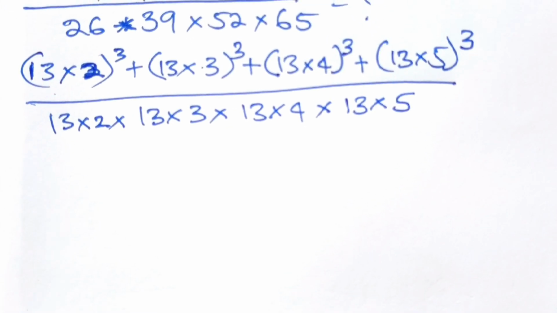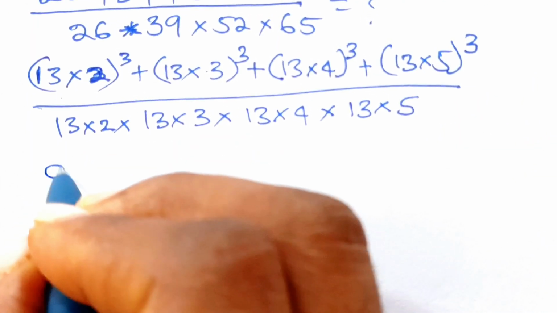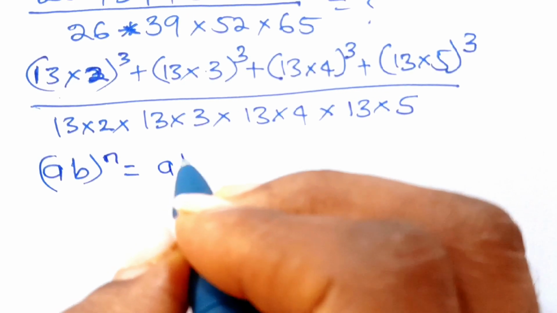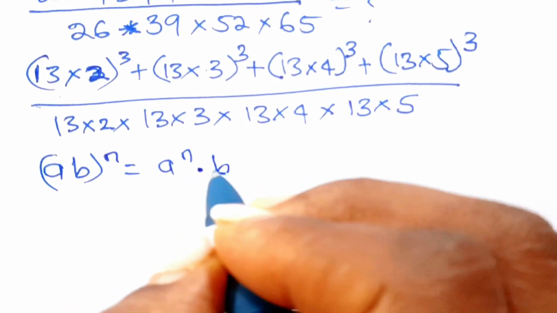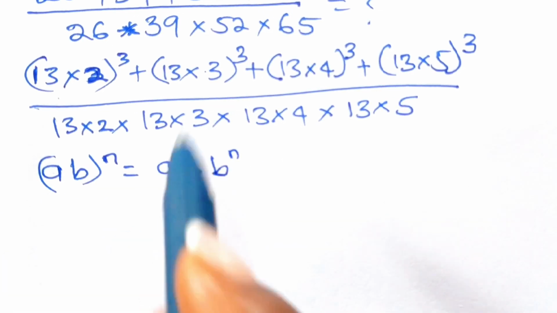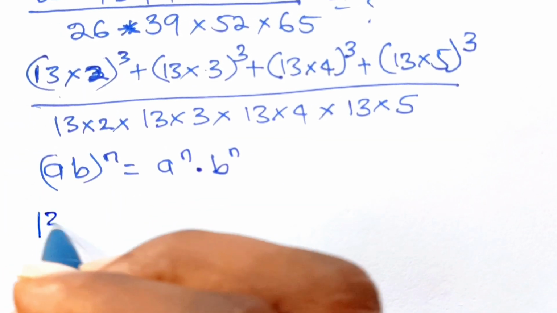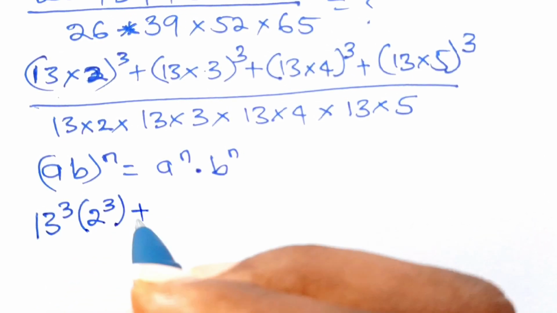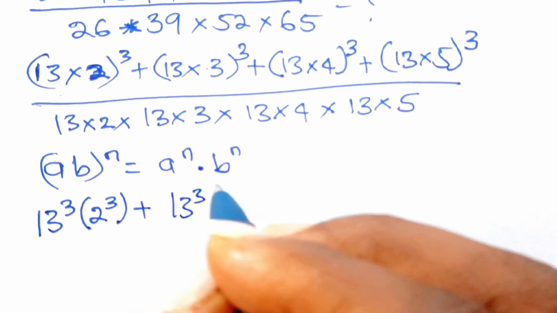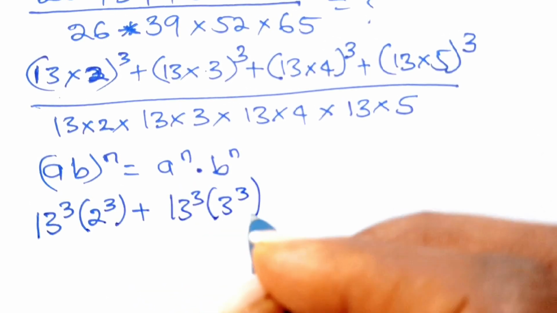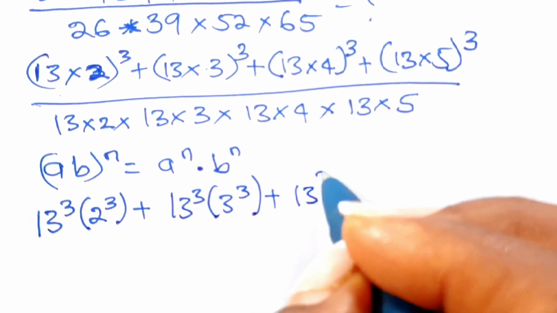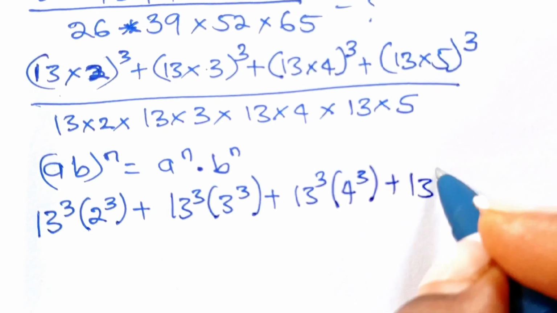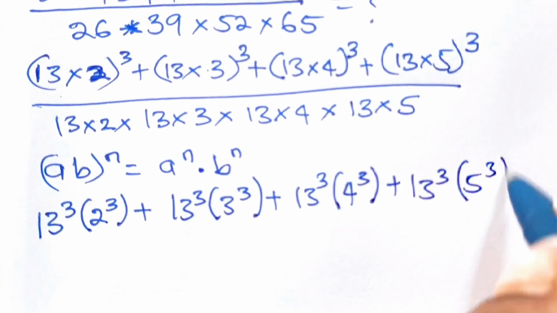Okay, now note that when you have a times b raised to the power of n, it is equal to a to the power of n multiplied by b to the power of n. So that means that we can write this as 13 to the power of 3 multiplied by 2 to the power of 3, plus 13 to the power of 3 multiplied by 3 to the power of 3, plus 13 to the power of 3 multiplied by 4 to the power of 3, plus 13 to the power of 3 multiplied by 5 to the power of 3.